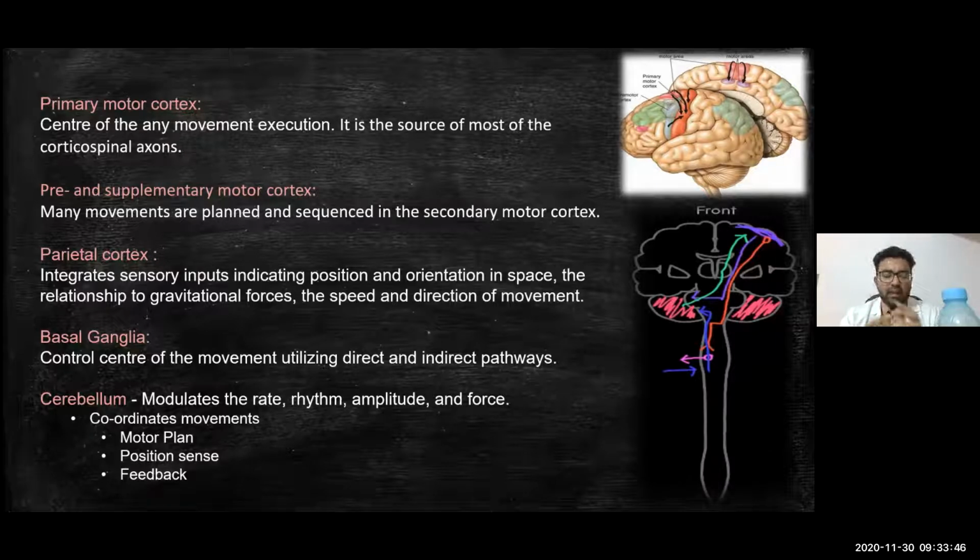For example, like I have just said, I want to grab this bottle. That thought, first of all, is generated in the primary motor cortex. Then, depending on that thought, the primary motor cortex decides what muscles are needed to perform the task, right? But usually the primary motor cortex is always inhibited by the thalamus, because the thalamus controls the movement.